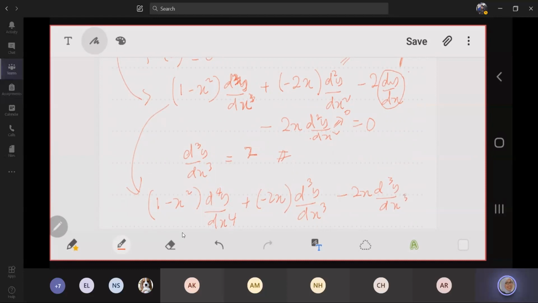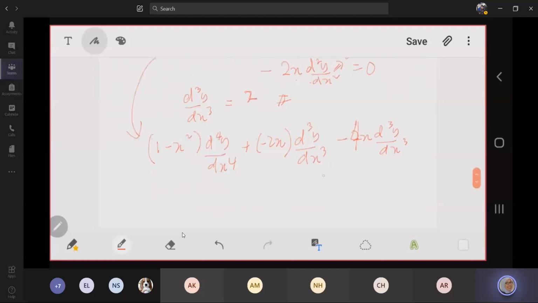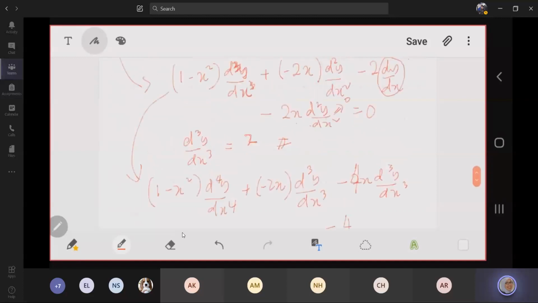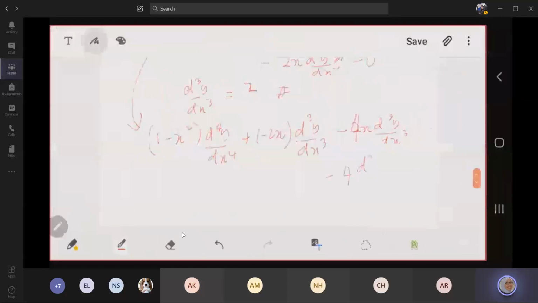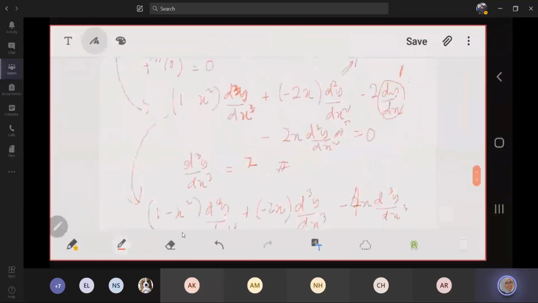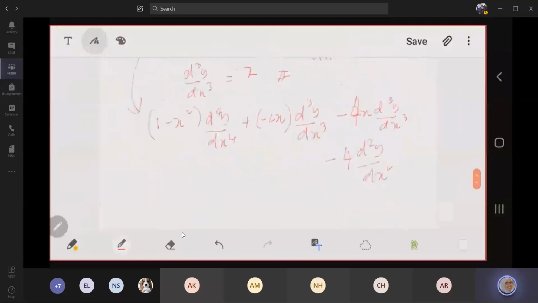Oops, just now it was minus 4. So I get minus 4. And then plus minus 4, differentiate x, you get d squared y by dx squared, and then I have minus 2 d squared y by dx squared. Okay, that is equal to 0.